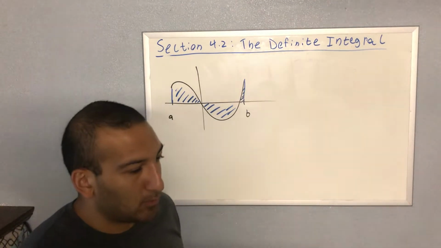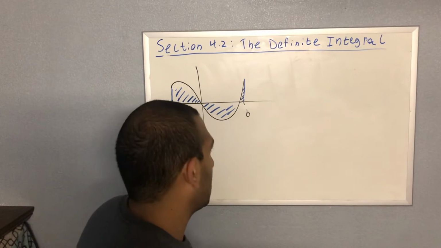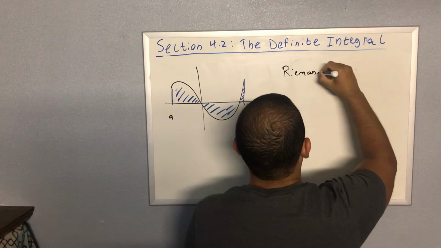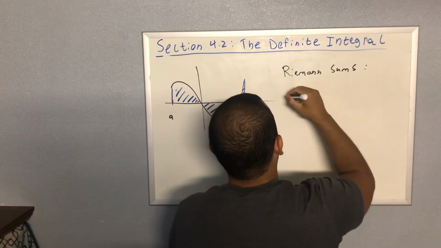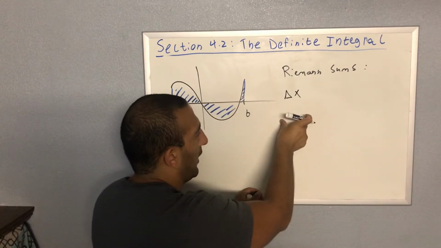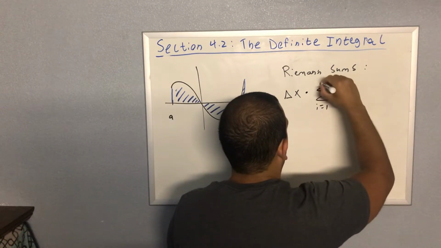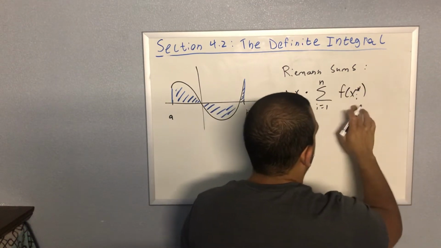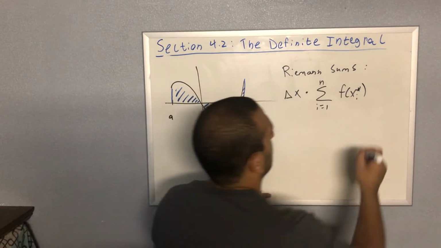The way we did it is we used rectangles, right? We used the rectangles to approximate the area, and those were the Riemann sums. So remember, we had the Riemann sums, which was basically, again, the delta x was how wide our rectangle was, and we multiplied it by the sum of the heights, where x sub i, like x1, x2, x3, is just some set of sample points.